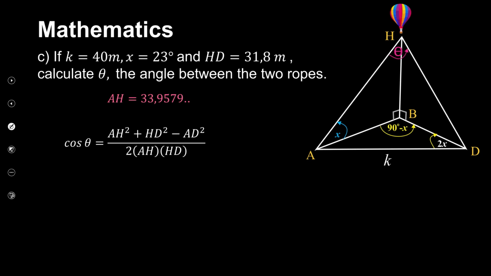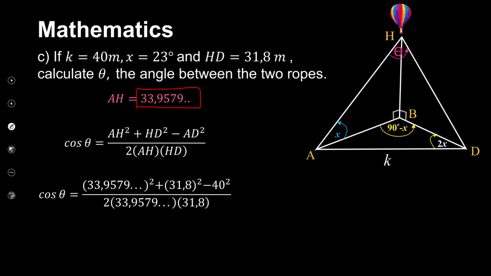That's where we were at, and remember we had calculated AH earlier, we should have this in the memory of our calculator. So we're going to substitute that in. So we're going to say AH squared plus HD squared, and remember HD is 31,8, minus 40 squared, divided by 2 times 33,9579 times 31,8.